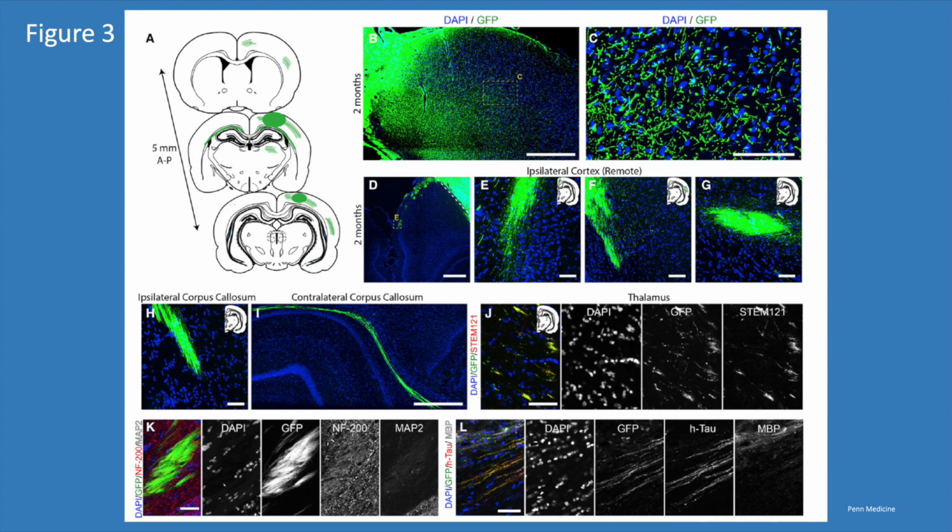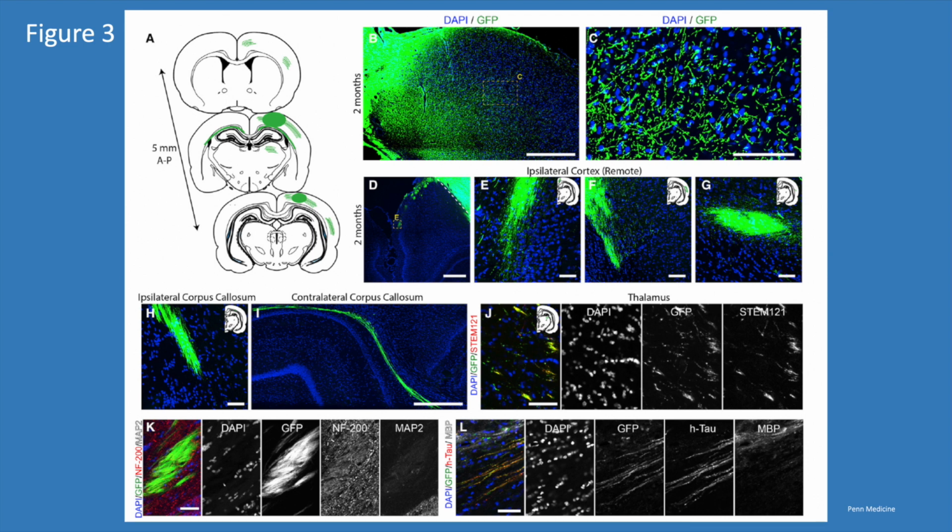At times, they appear hazy due to the extensive projections into the host brain, such as in Figure 3B, and at other times, they display a distinct border, such as in Figure 3D. These GFP-positive projections also extend to more remote regions, including the retrosplenial cortex in Figure E, the auditory cortex in F, and the visual cortex in G. Moreover, these projections are also identified in the ipsilateral and contralateral corpus callosum, shown in H and I, as well as the thalamus in J, with colocalization of GFP-positive processes with the STEM121 stain we've previously talked about.